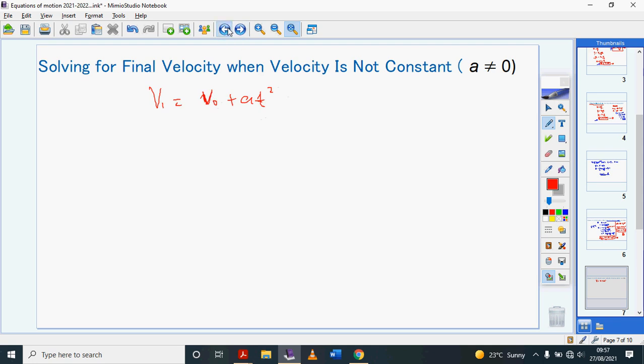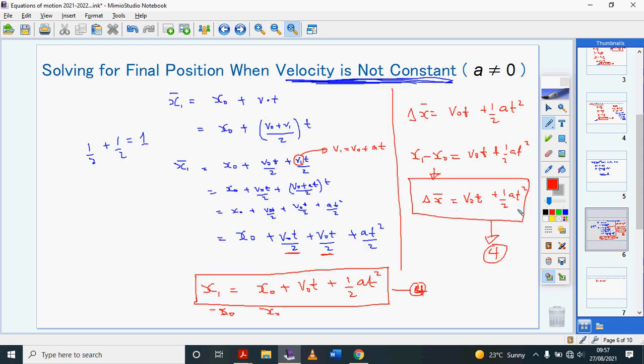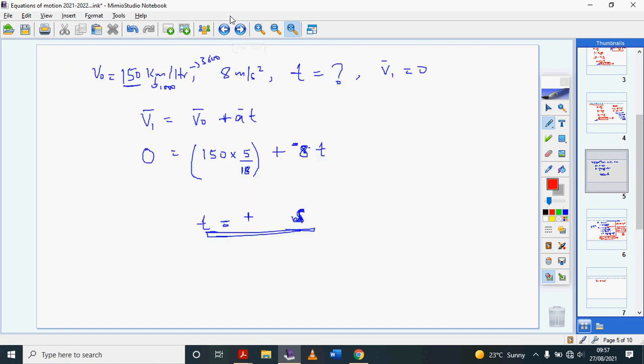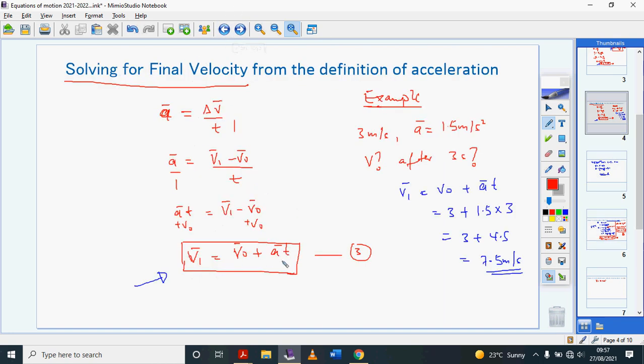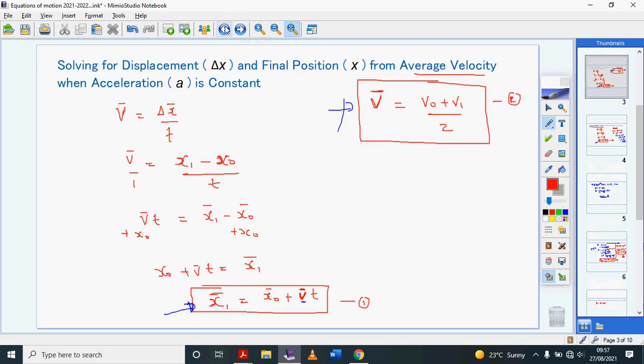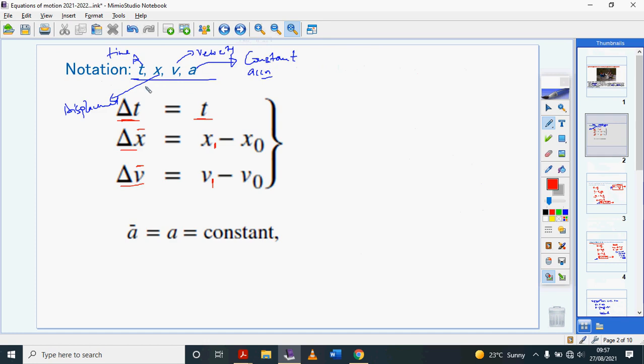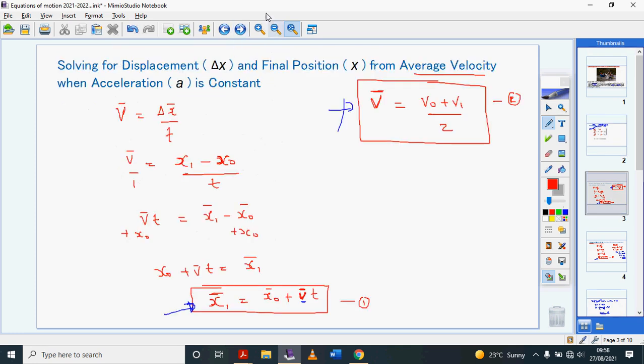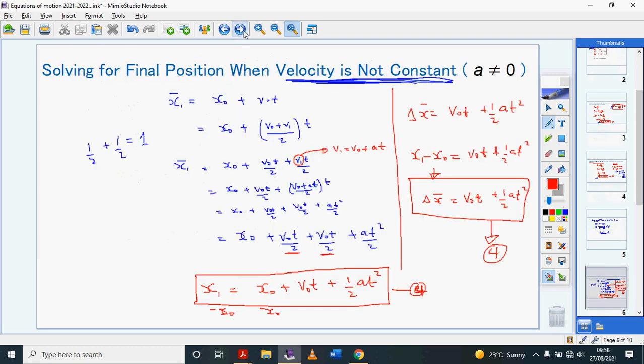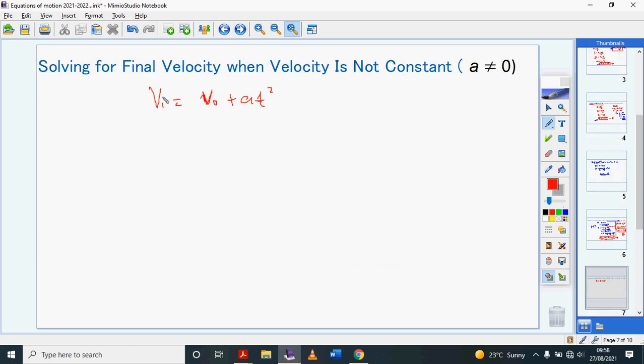This equation here does not have final velocity, and this equation here does not have displacement. Out of the 5 quantities, time, displacement, velocity, acceleration, there's an equation that doesn't have one of them, which makes calculations easier. So we want to find one that does not have acceleration.